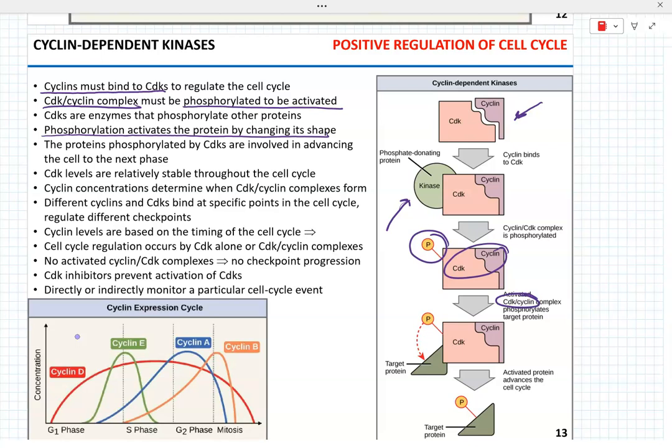Well, CDKs are also kinases, so they can also phosphorylate other proteins. The proteins that CDK will phosphorylate are ultimately critical for advancing the cell cycle. Here you can see how the CDK-cyclin complex transfers a phosphate group onto a target protein.